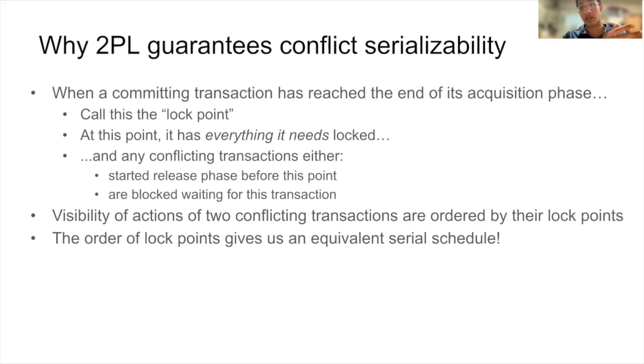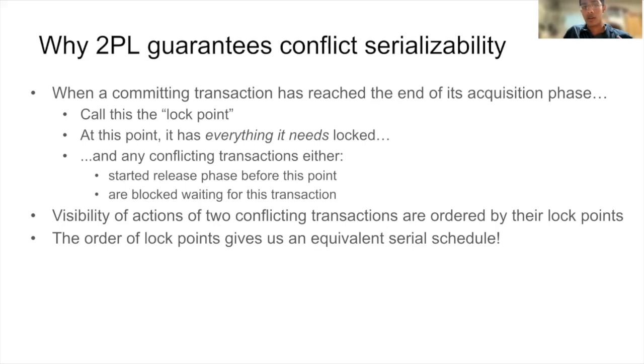If any transaction conflicted with our current transaction, either it would have started the release phase before this point, meaning that it would have finished all of its work on the resources that this transaction might be operating on before we hit our lock point, meaning that the ordering we could give would be, oh, that conflicting transaction came before our current transaction, or that conflicting transaction will be waiting for this transaction and will be blocked on it. So the ordering we could give would be that said conflicting transaction would come after our current transaction.